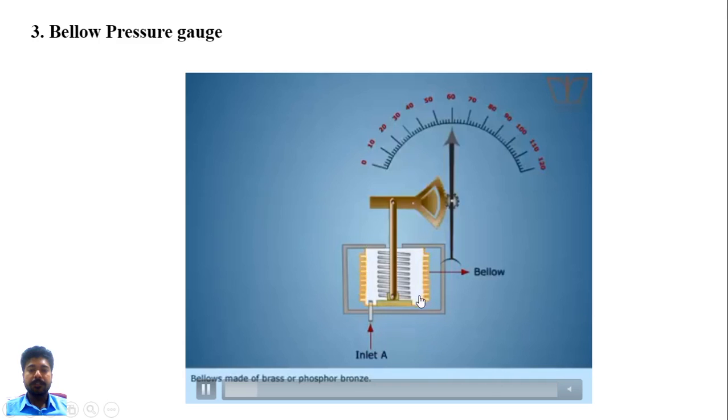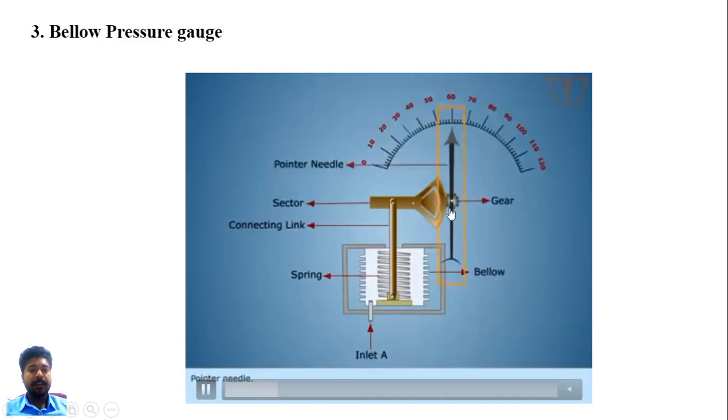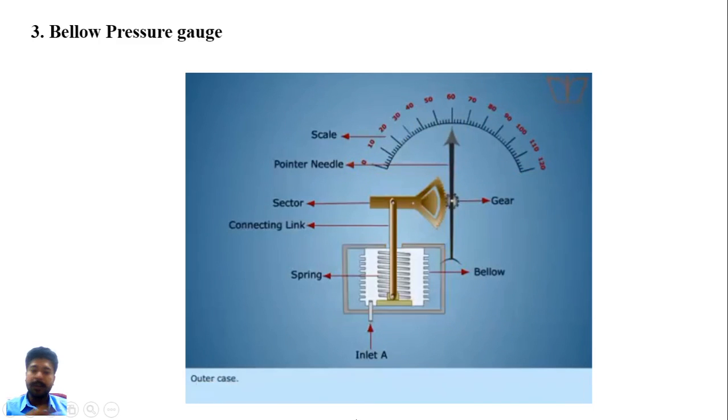The middle portion, this one, is your bellows, which is hollow from inside so that we can put the spring. This is connected with this connecting link towards the sector, and the sector is directly connected with this gear, and the gear drives the needle. This one is the pointer needle, and this is our scale that indicates the direct pressure.